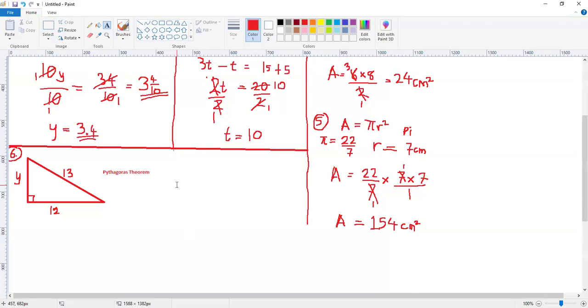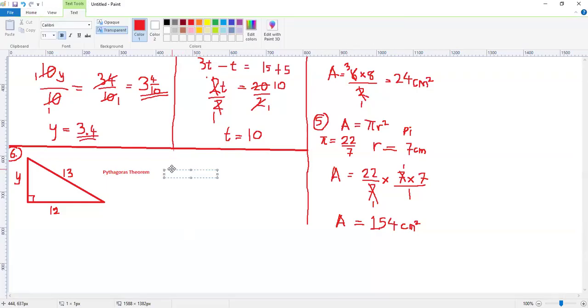Pythagoras theorem. So I said it's a theorem that states a fact about every right angle triangle. Take note, it's only for right angle triangles. Don't worry, let me type it out so that you can see.